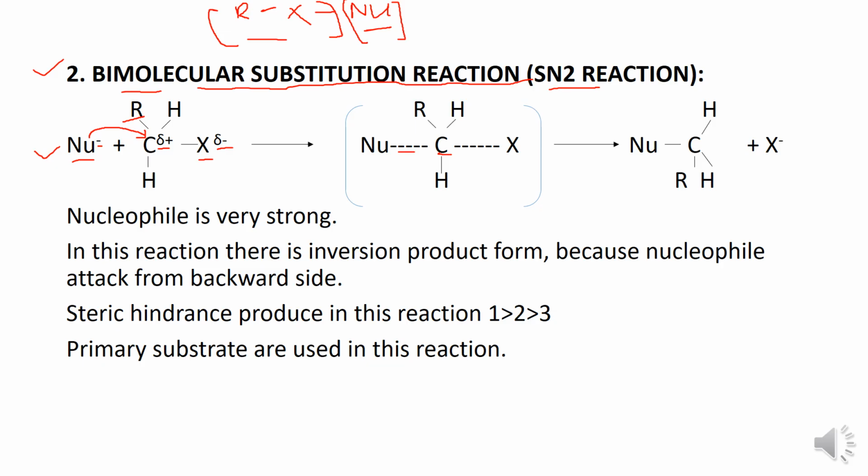What is the transition state? Transition state means nucleophile attacks the carbon and forms a partial bond or weak bond. There is another reactant, the halogen, and the bond between the carbon and the halogen also becomes a partial bond, or we can say a weak bond.